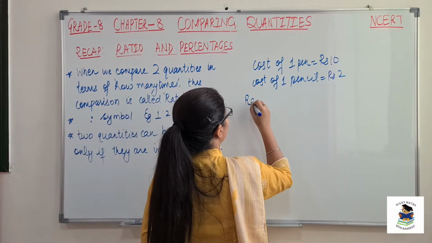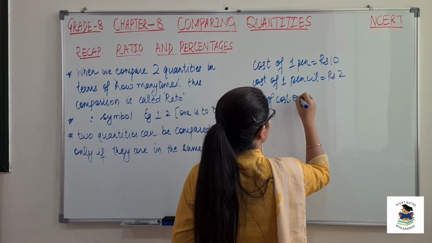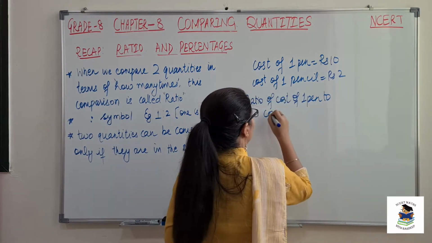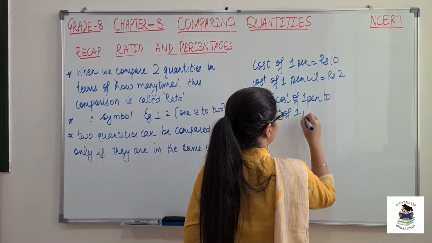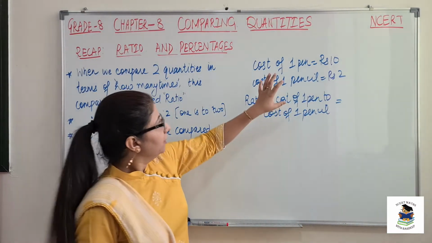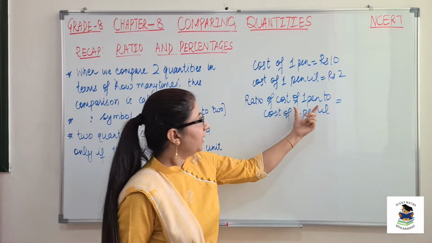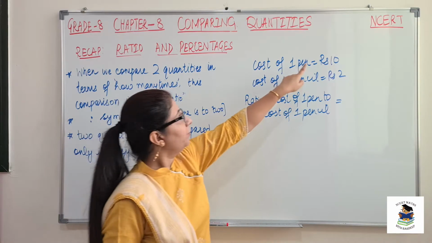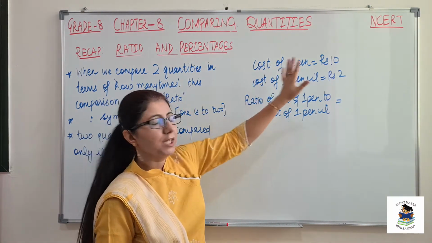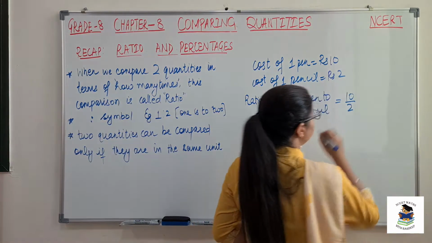That means ratio of cost of one pen to the cost of one pencil. How to find this ratio? Whatever item we have written first, that value should come in the numerator and the second item's value should come in the denominator. So here it will be 10 by 2.